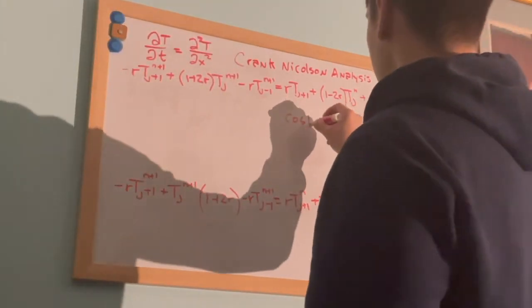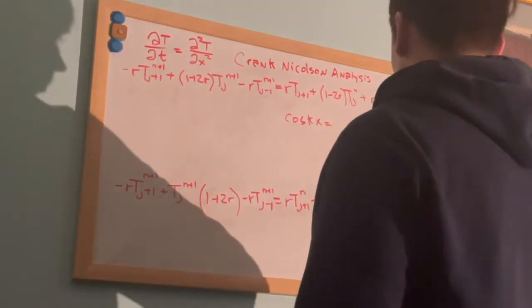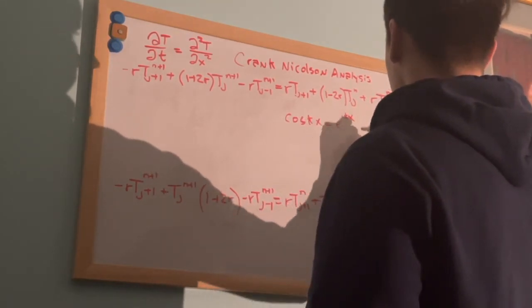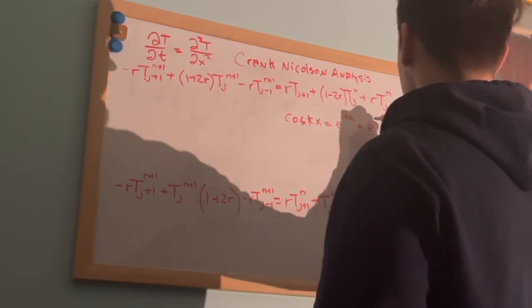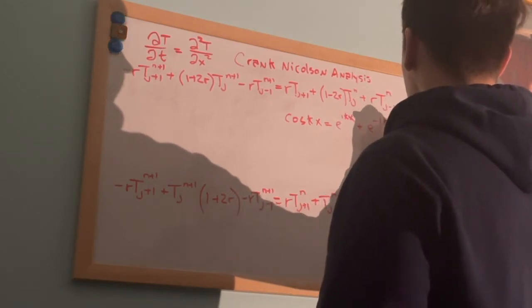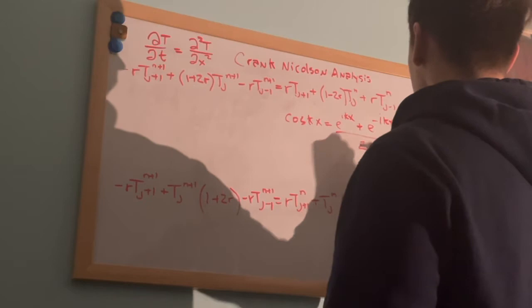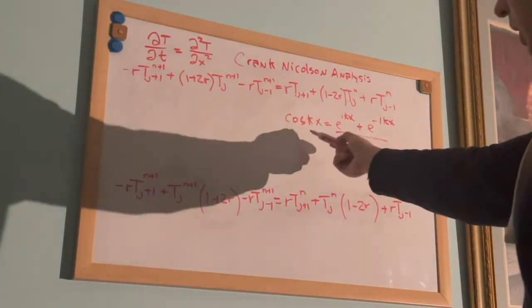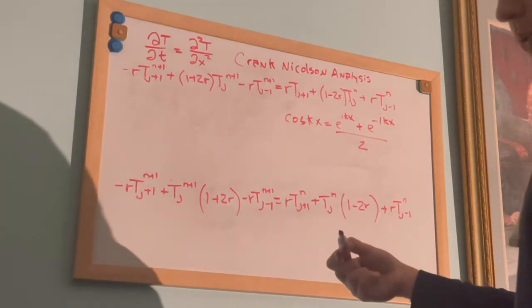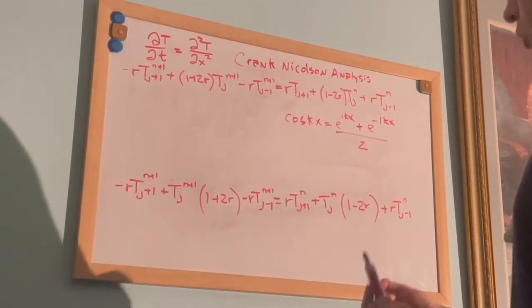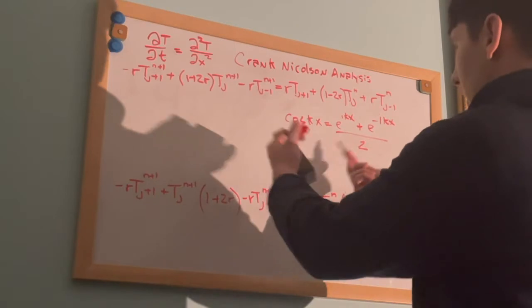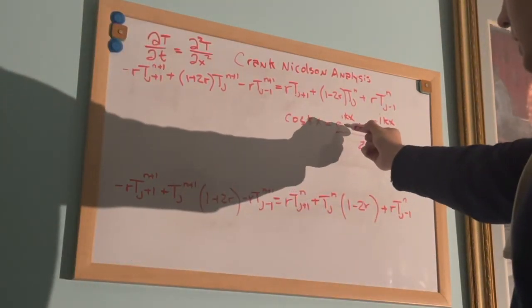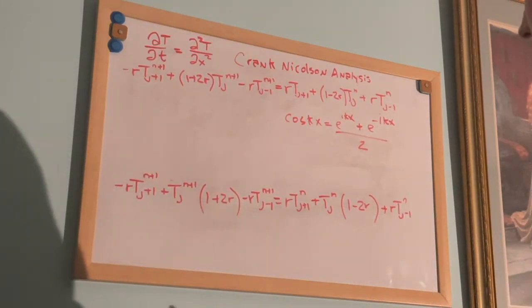So the cosine of kx was going to be e to the ikx plus e to the negative ikx, all over 2. And we utilized this earlier to put our equation in terms of these cosine functions, by utilizing this e to the ikx to cancel some terms.